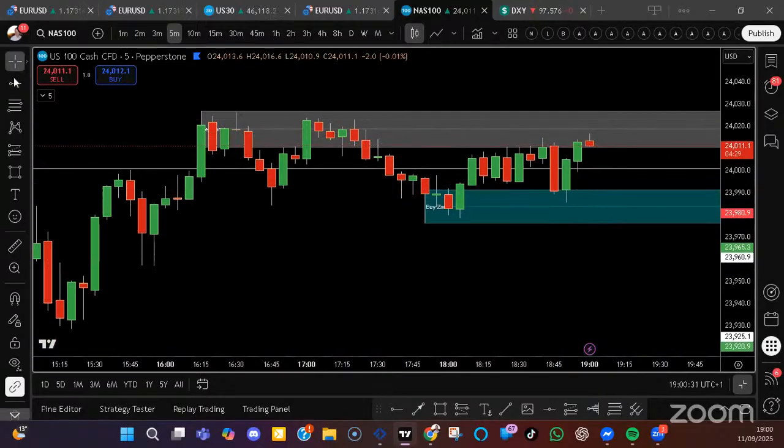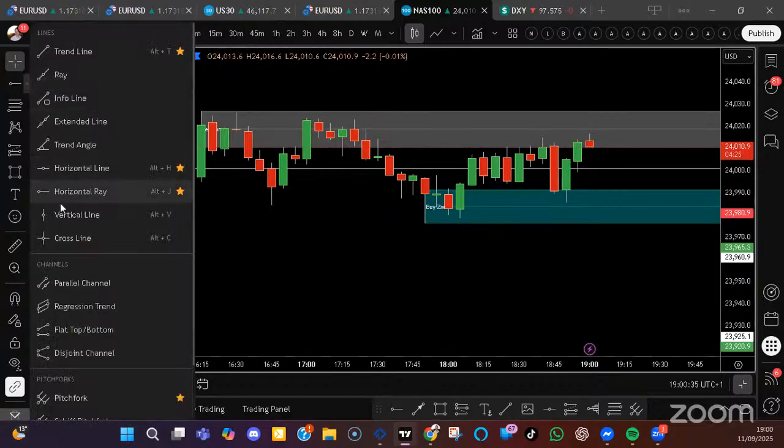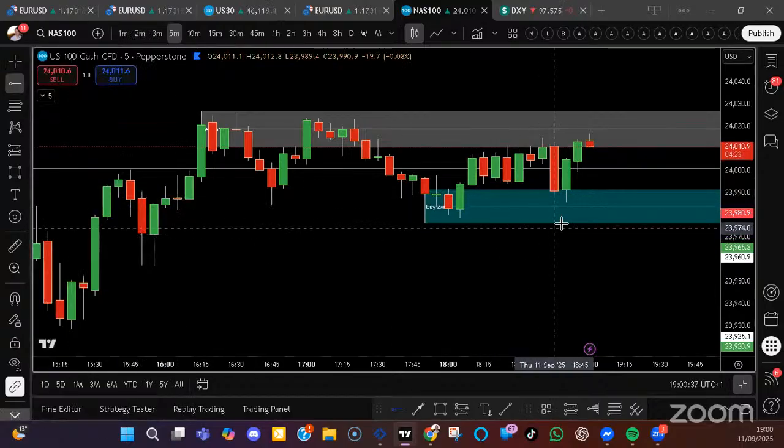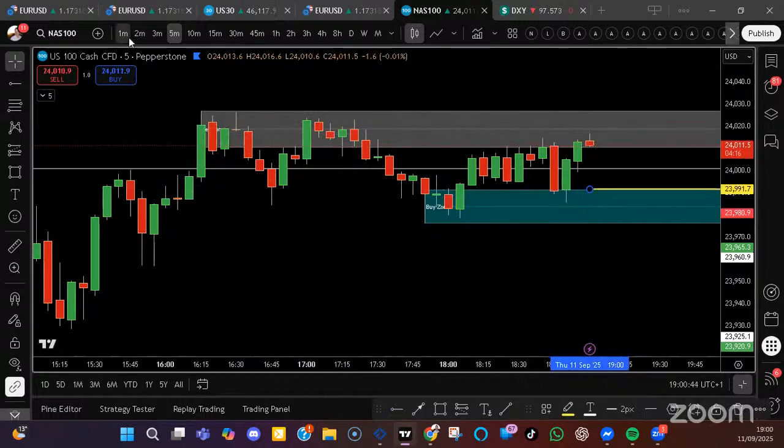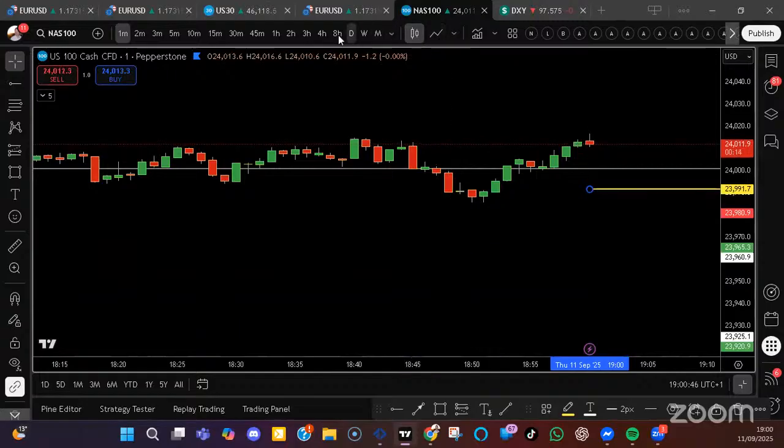All we have to know really is that we're in the sell zone. So if anything, I'd be taking a sell on the US 100, but we've got the start of the buy zone just there. So I'll go down to the minute and put my indicators back on.